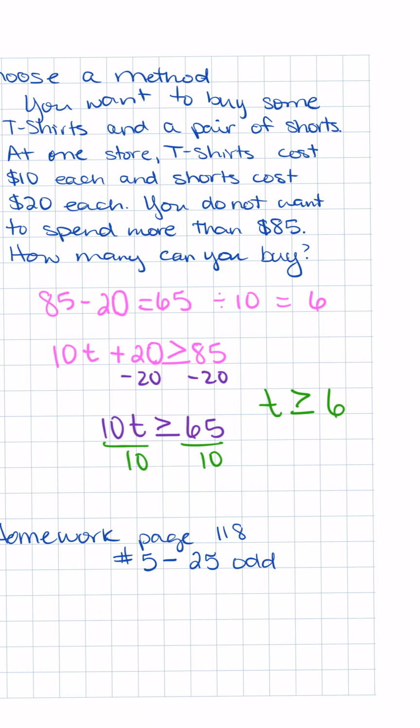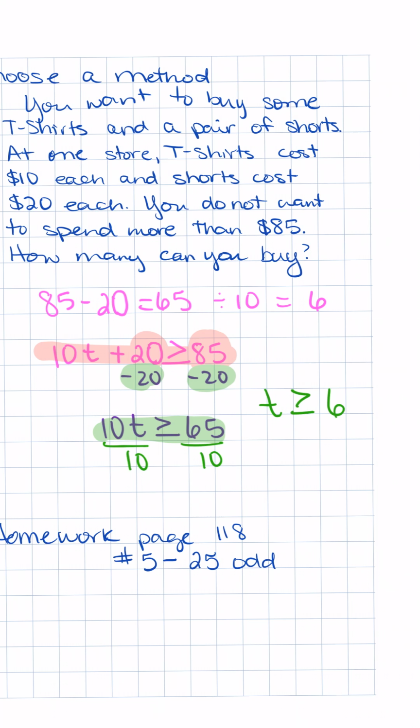Or you could create an equation, 10T, the cost of the t-shirts times how many t-shirts plus one pair of shorts is the 20, is greater than or equal to 85. Get rid of the 20 on each side. You are left with 10T is greater than or equal to 65.